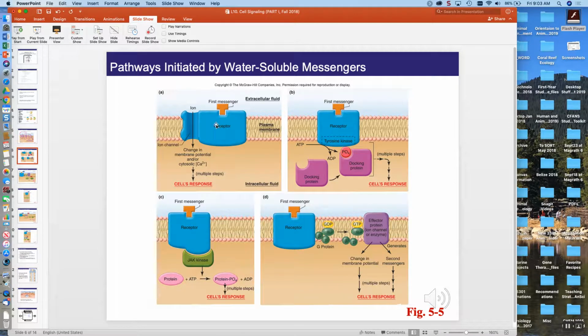So our ligand binds to our receptor, and in this case, this is an ion channel. It opens up an ion channel, allowing for sodium or potassium or chloride or whatever to move across the membrane. So this is actually called ionotropic. Ionotropic receptors.